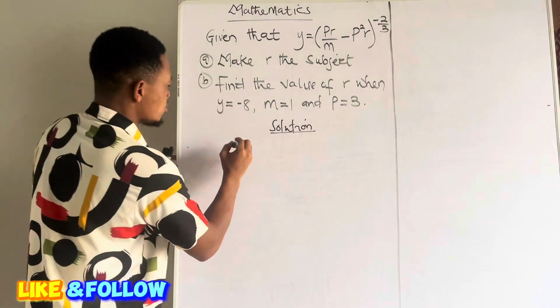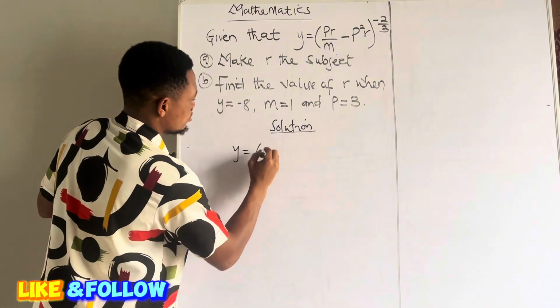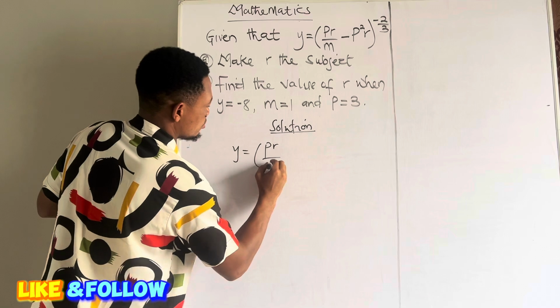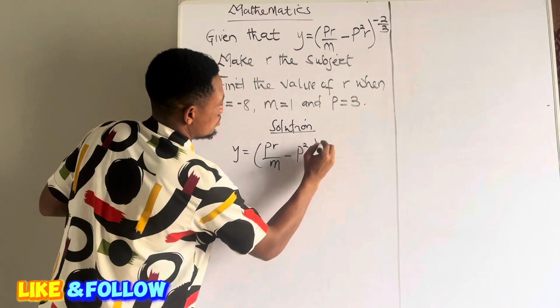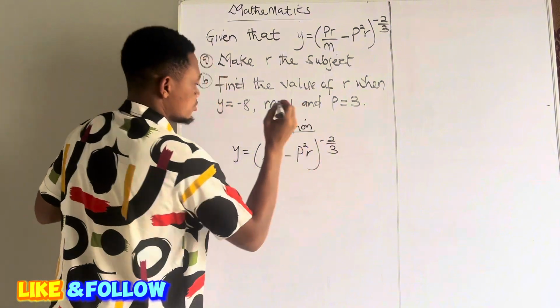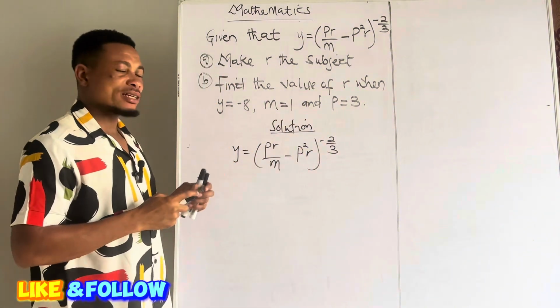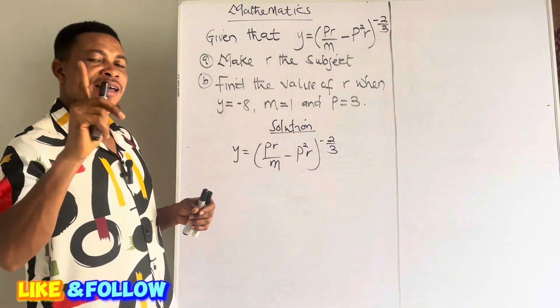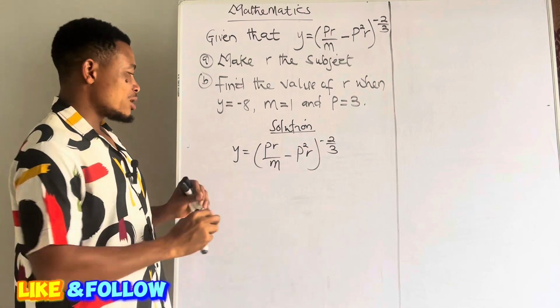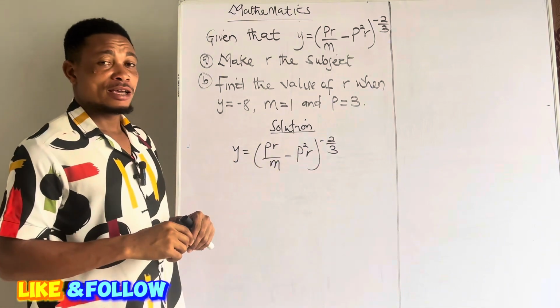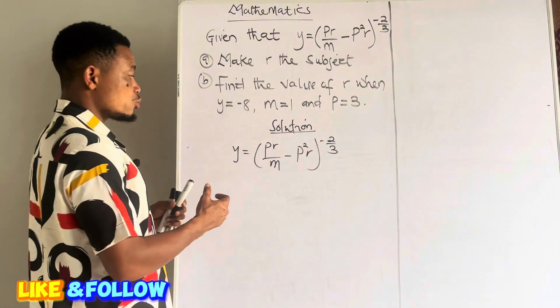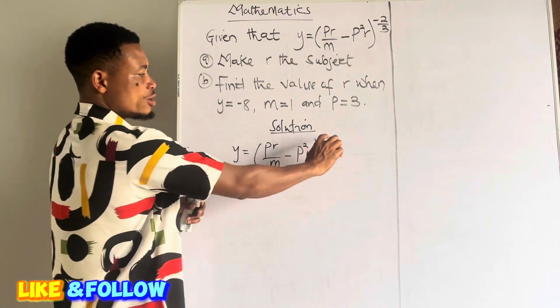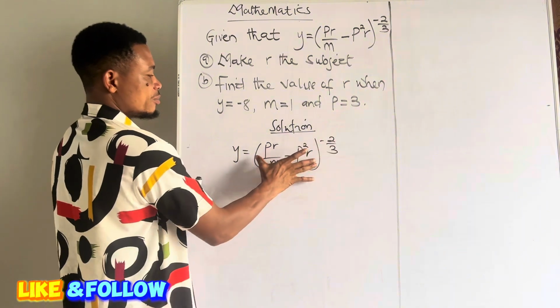First of all, let's look at the expression. To make r the subject here, what do you think should be the first thing we do? The first thing we do is to get rid of this exponent from this bracket.